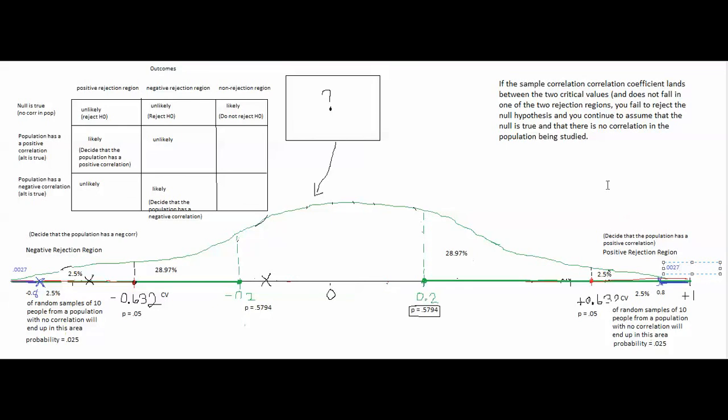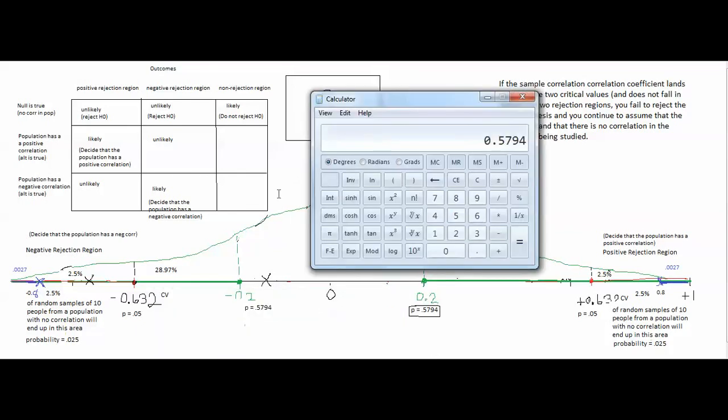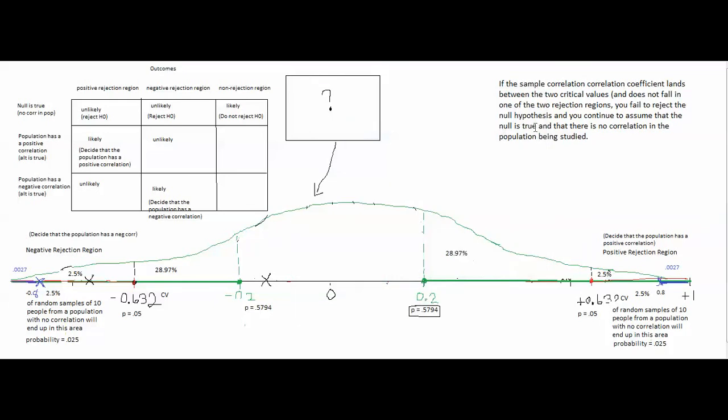So if this has a 0.0027 chance of being reached when the null is true, and this also has a 0.0027 chance of being reached when the null is true, then the p-value of 0.8 and negative 0.8 would be the total of those. 0.0027 plus 0.0027 equals 0.0054. That's the p-value.